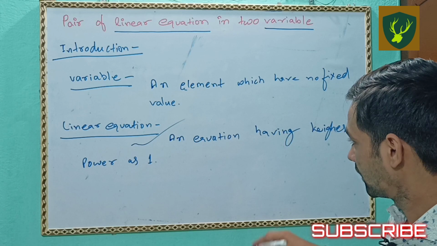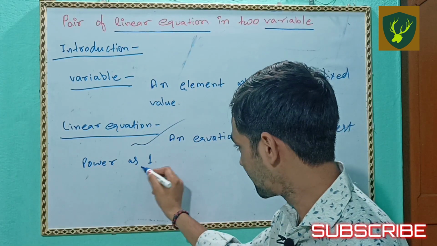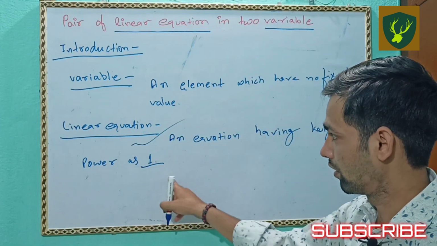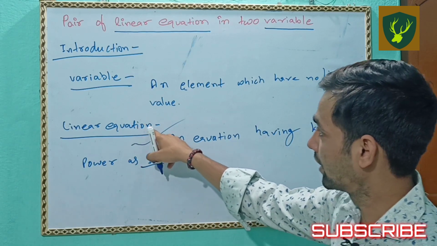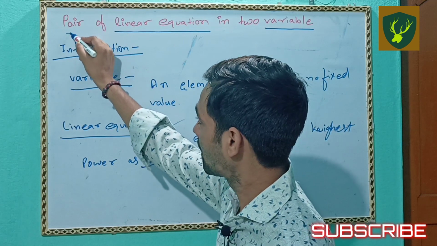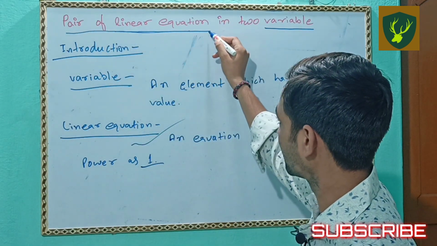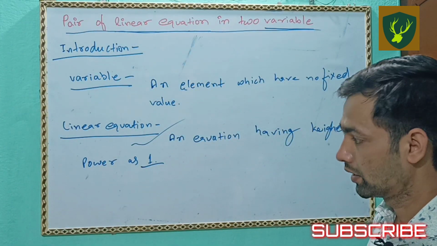If it carries a power of 1, that will be known as a linear equation. And here we have to study about a pair of linear equations in two variables.